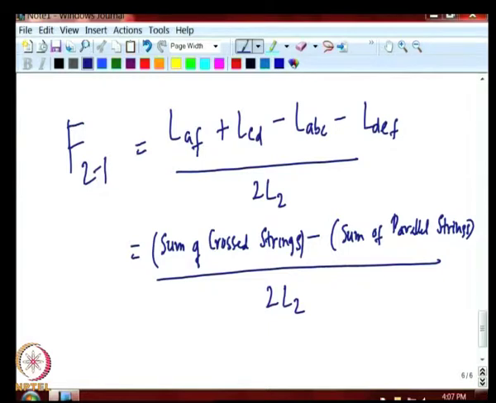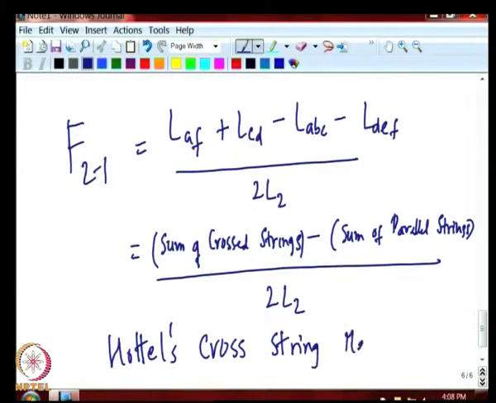So, to understand how to apply what is known as the Hottel's cross string method, we need examples. Unless you try this out for various practical examples, you may make a few mistakes in drawing these strings correctly.